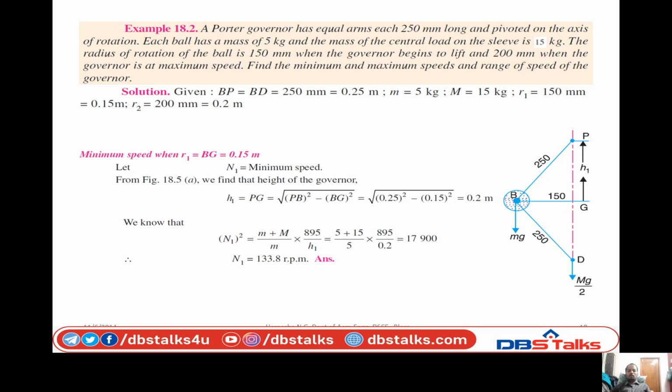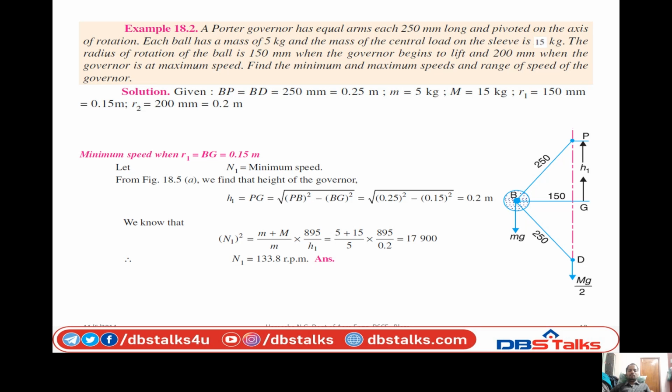So for the Porter governor, firstly we have to remember the formula. What is the formula? h is equal to (small m plus capital M) by 2 into (1 plus q) by small m into g by omega squared, or 895 by h, that is regarding n squared.